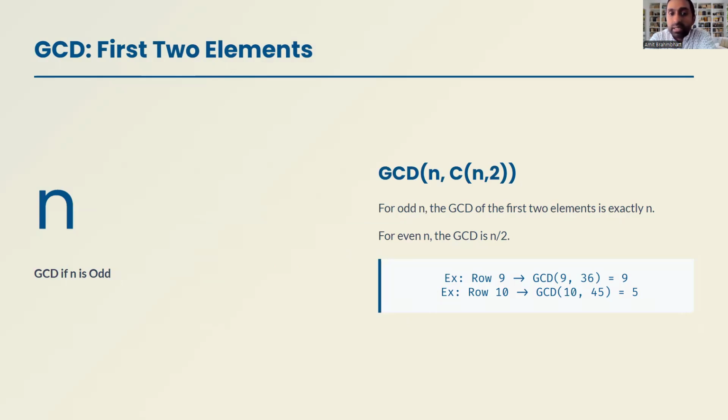However, if n is even, the GCD is always n over 2. In row 10, the first internal entry is 45, and the GCD of 10 and 45 is 5. This straightforward bifurcation is a useful shortcut when simplifying fractional combinations.